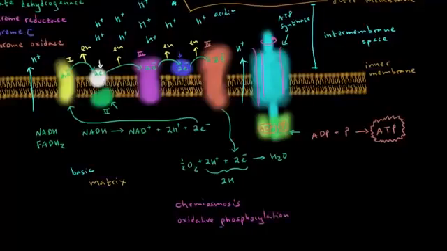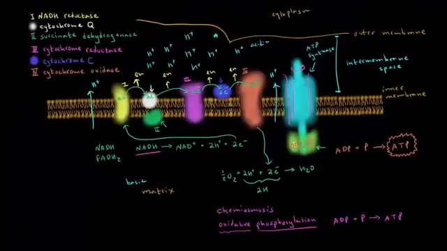Phosphorylation tells you something's being phosphorylated, so we're referring to ADP being phosphorylated. We're adding a P to it, and we're making ATP. And the term oxidative tells us that the phosphorylation is happening because of oxidation, because of the oxidation of NADH and subsequently the oxidation of all these enzymes.